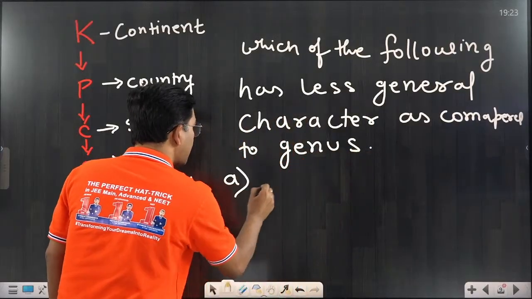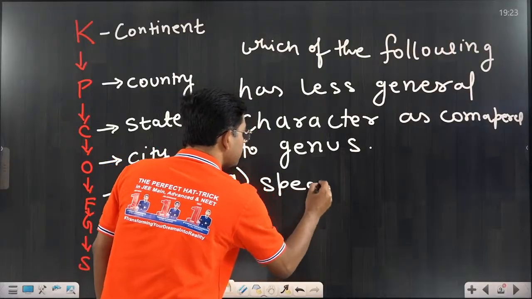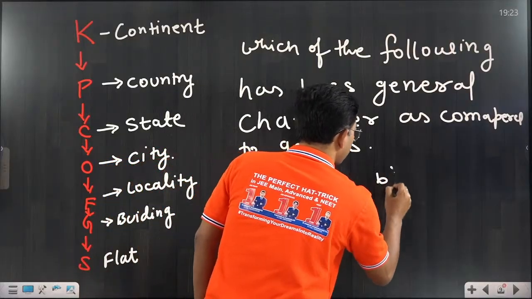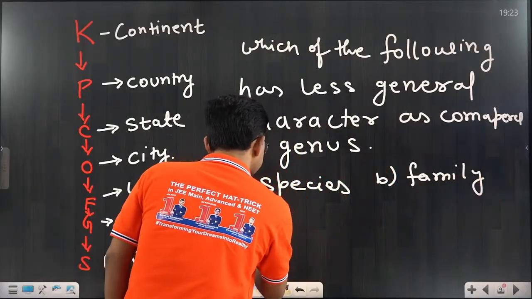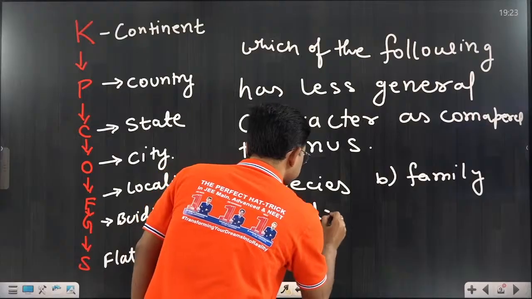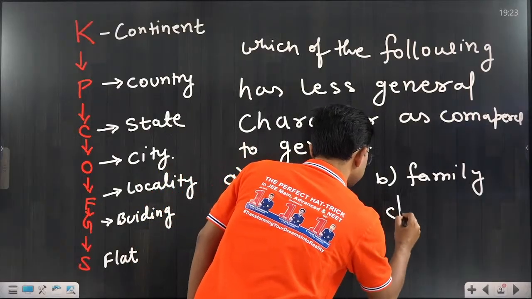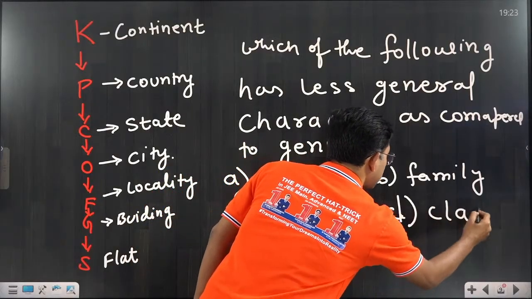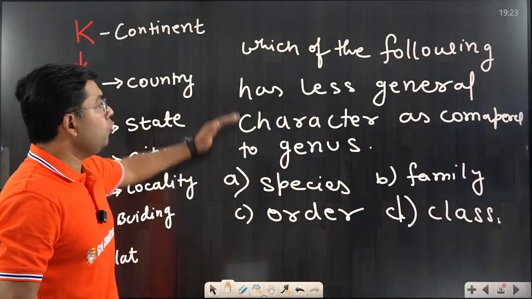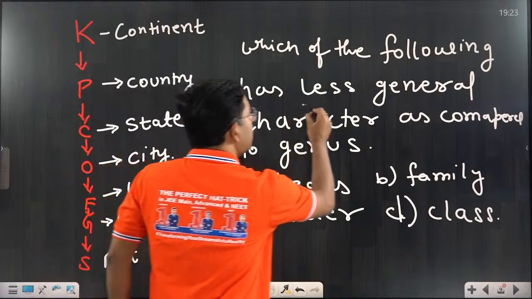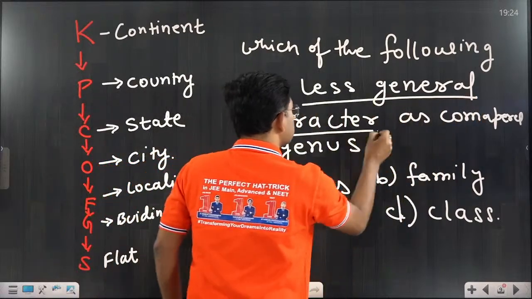And your options are species, family, order and class. Let's say these are the 4 options. Now the question is very much clear. Which of the following has less general character?